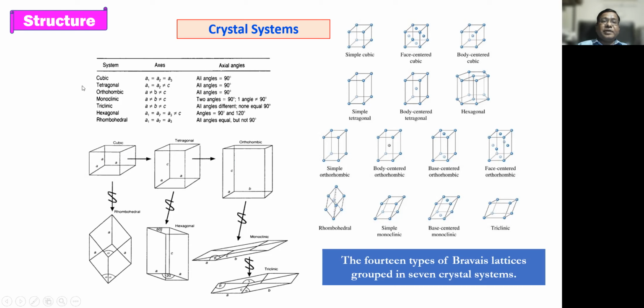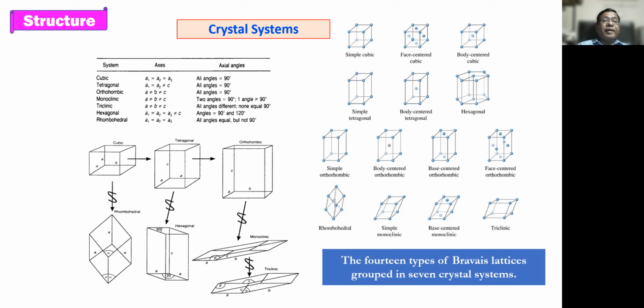So likewise, naturally, if we consider the geometrical space, we can have these seven types of crystal systems. Apart from these, no other combination is available.